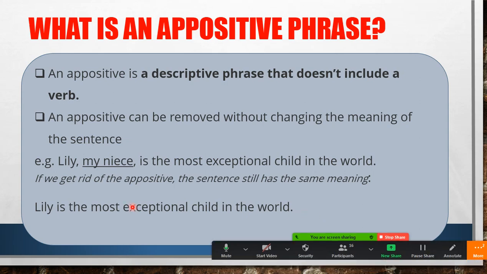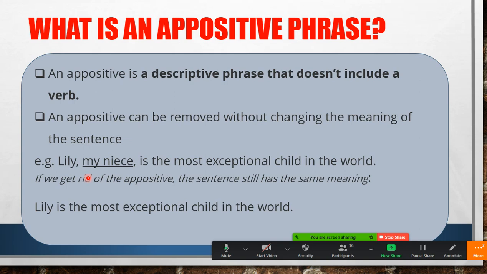The example sentence, you mean, or the meaning of appositive? The example. Lily, my niece, is the most exceptional child in the world. Now, what did I put? The underlined phrase, my niece, which is between two commas. This is an appositive phrase. It's non-essential. That's why I put it between two commas. If I exclude my niece from the sentence, do you think that something will change in the meaning?